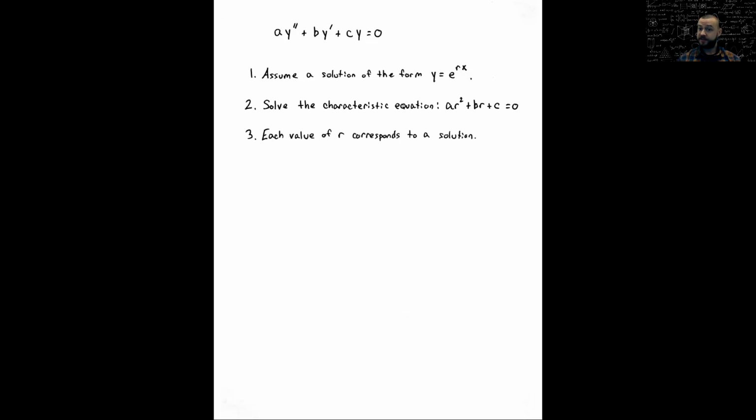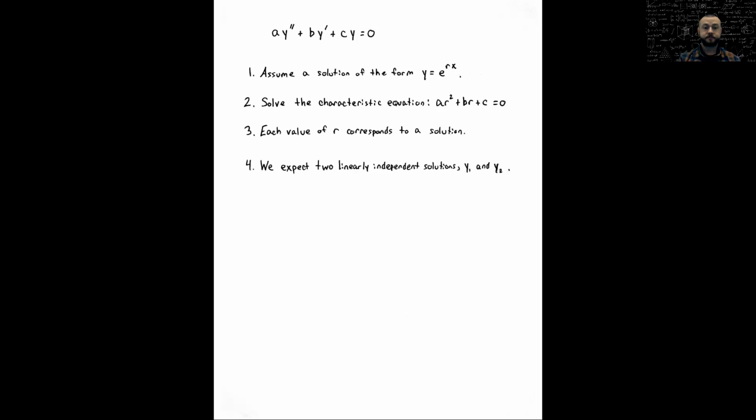Now because this is a quadratic equation, we expect there to be at most two solutions. So each value of r corresponds to an exponential function that is a solution, e to the rx, for the different values of r that you find. And each of those values of r gives you one of those linearly independent solutions. We expect there to be two linearly independent solutions since the differential equation is of second order.